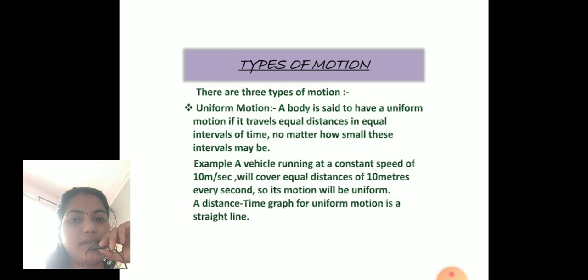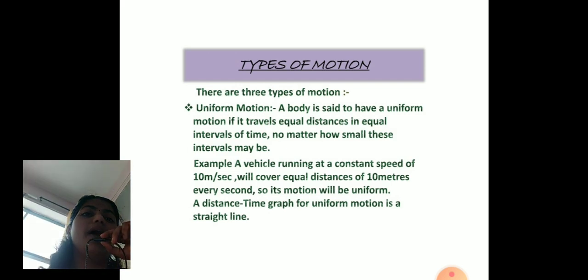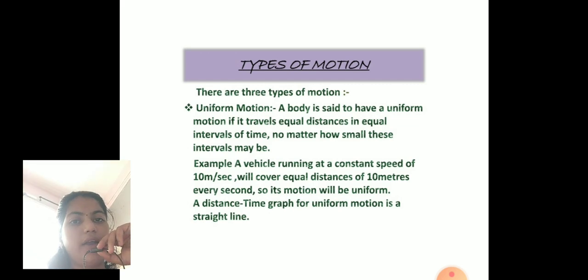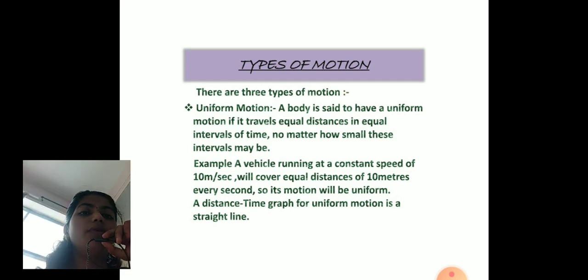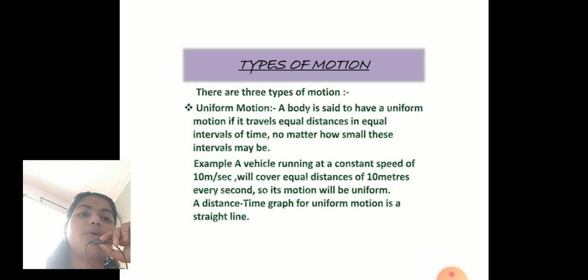Small or large intervals do not matter, because in uniform motion we cover equal distance in equal intervals of time. For example, a vehicle running at a constant speed of 10 meters per second will cover an equal distance of 10 meters every second, so its motion is uniform.